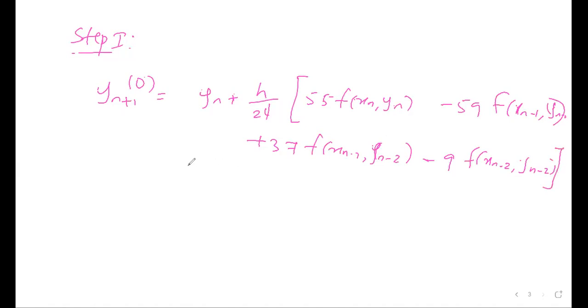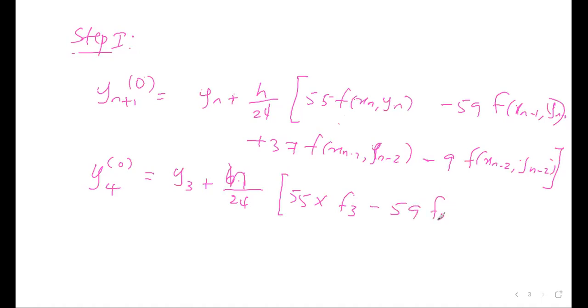So just substitute. If you want to find y4 of 0, we have y3 plus 0.1 divided by 24. First, let's put 55 times f3, minus 59 f2, plus 37 f1, minus 9 f0.